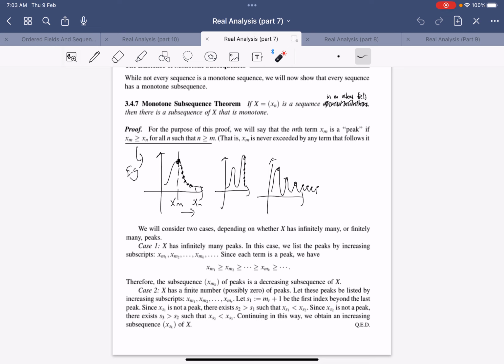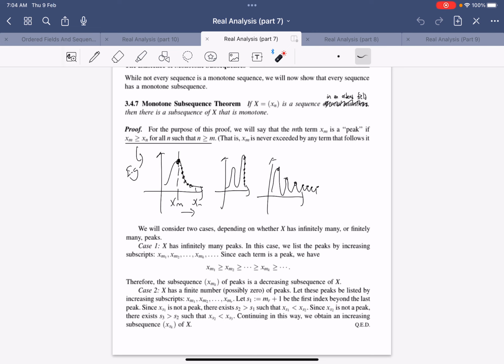The way to index it is given in the textbook by Bartle and Sherbert, so I'll leave it to you to understand how the indexing works. If you have infinitely many peaks, you can see from the graph that you can do it in a decreasing fashion.